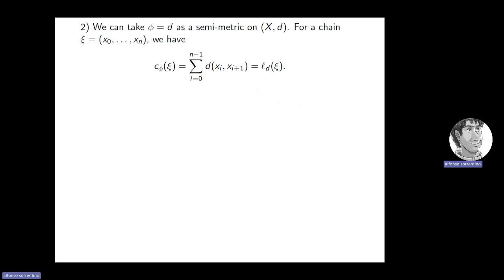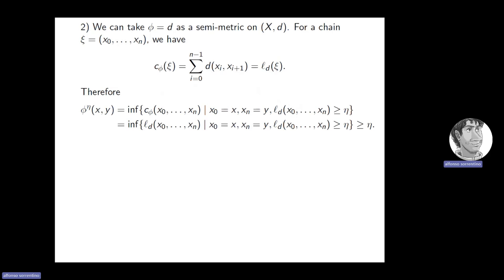We put c phi here, and it gives you also the length of the chain. And of course, phi eta of xy is the inf of the c of x0 ... xn for length larger than eta. So it's the same as the inf of the length for length larger than eta.